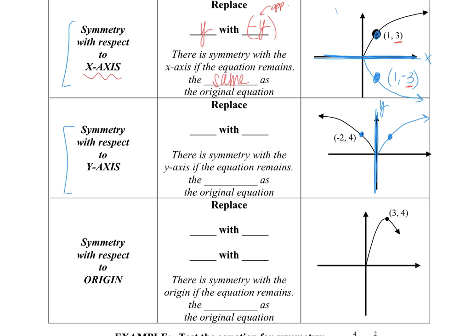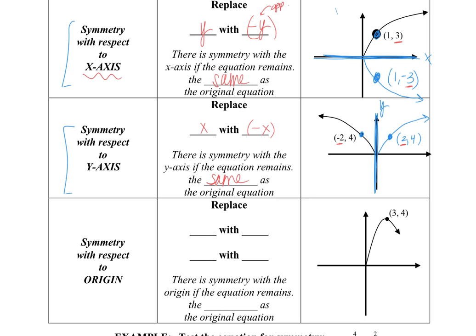Instead of it being (-2, 4), it becomes (2, 4). So in this case, what is opposite is my x values. So to test it, if I didn't have a picture, I would replace any x's with the opposite of x. And if I get back the same answer, if it's the same as the original, then I know that I have symmetry with respect to the y-axis.